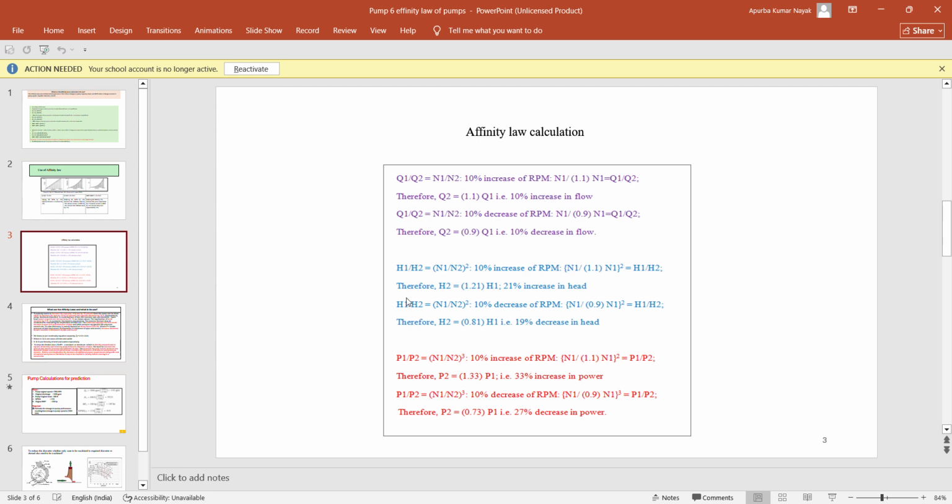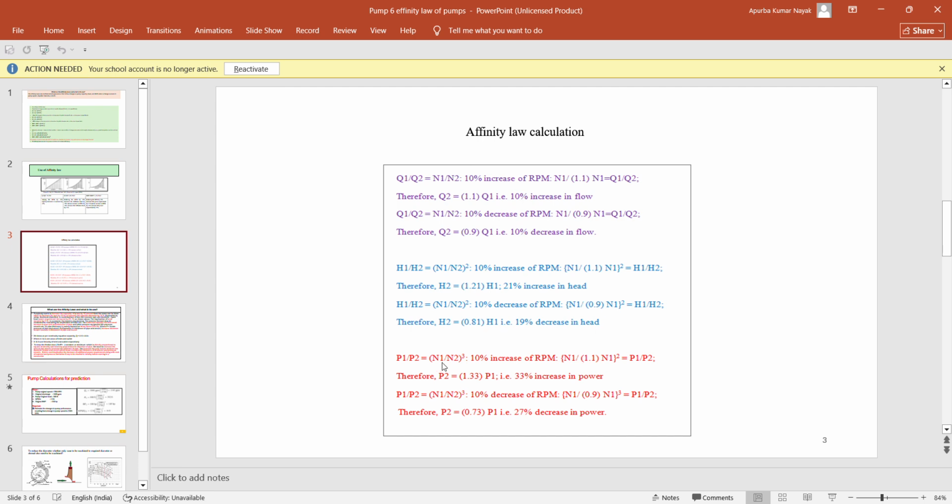But in the head case, H2 is equal to H1 into N2 by N1 to the power square. So H2 will be 1.1 squared, which is 1.21 H1, a 21% increase. And for decrease, it is 0.9 to the power square, which is around 0.81, a 19% decrease in head.